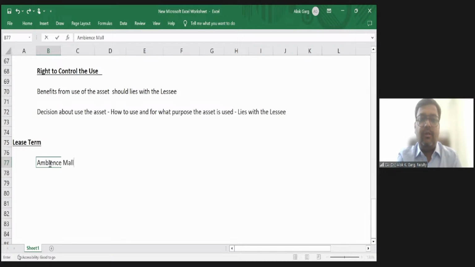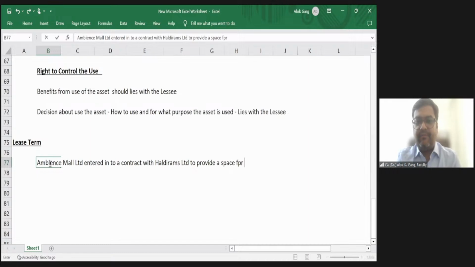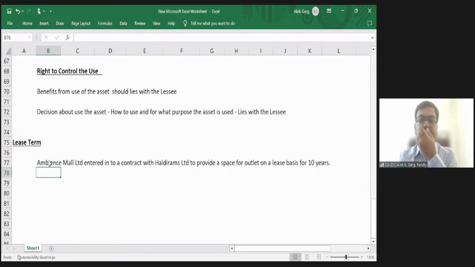Ambience Mall Limited entered into a contract with Haldirams Limited to provide a space for an outlet on a lease basis for 10 years, right?